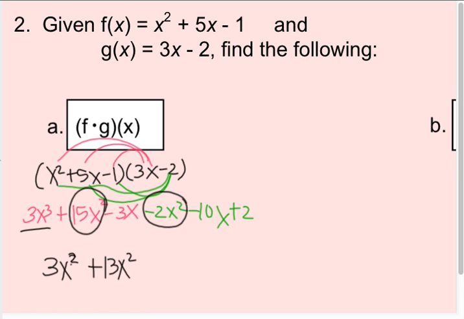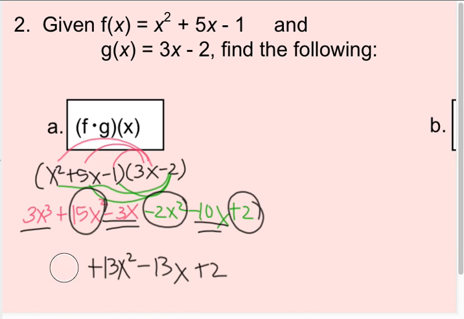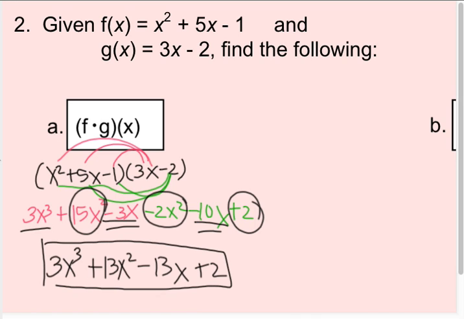All right, and then minus 3x minus 10x, so negative 13x, and lastly my plus 2. When I recopied that, I didn't do that very well, sorry. 3x to the third plus 13x squared minus 13x plus 2. That is what you get when you multiply the two.